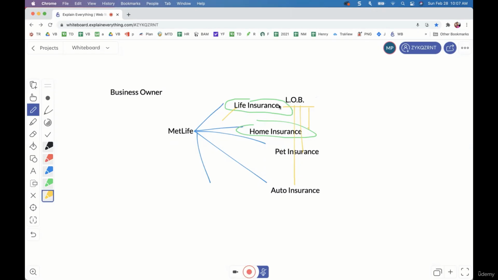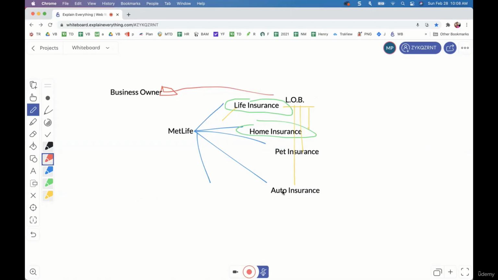Now, each LOB has to have that one person who is responsible for managing the show, responsible for running the business. And that person is referred to as a business owner. So each of these LOBs will have their own separate business owners.